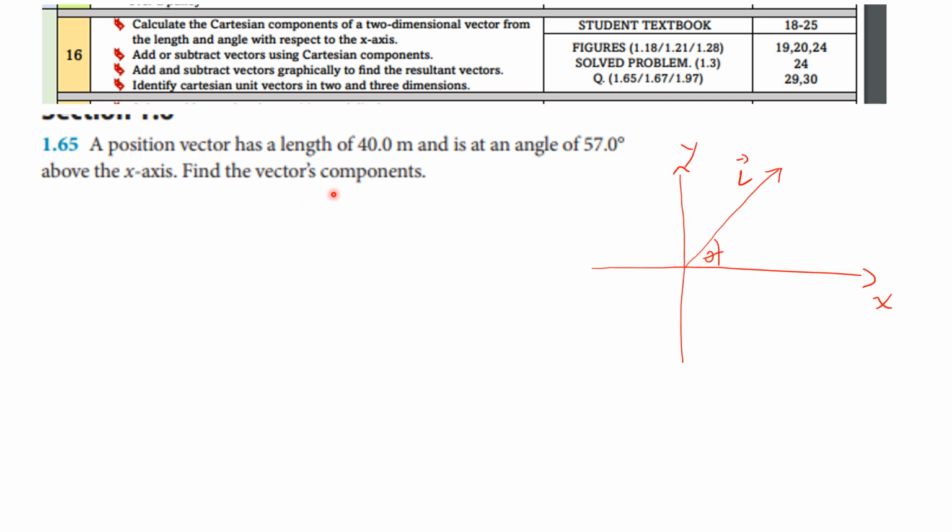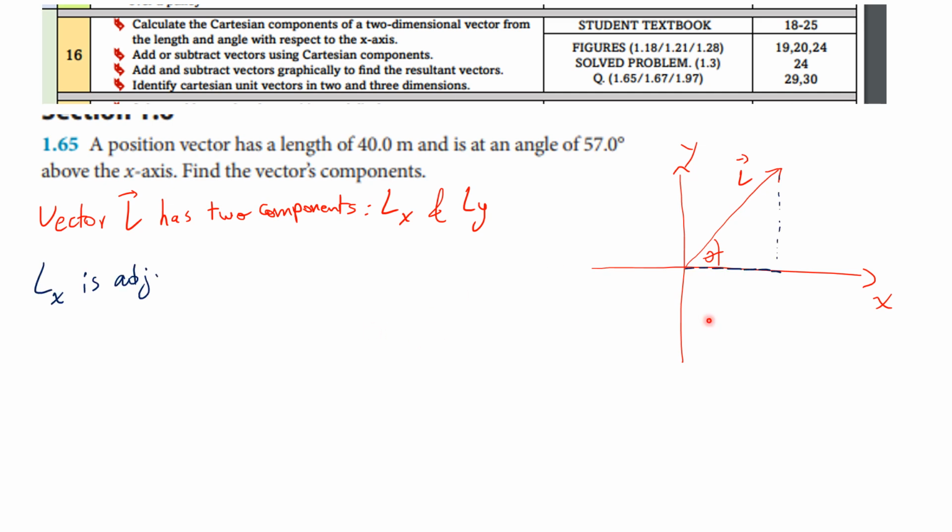Finding the vector's components means we have to find Lx and Ly. I call it vector L to simplify things, and then it's divided into Lx and Ly.